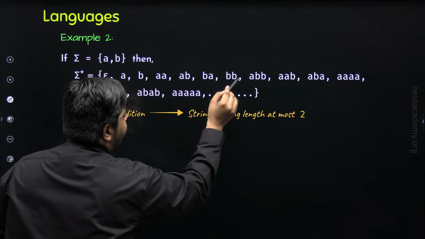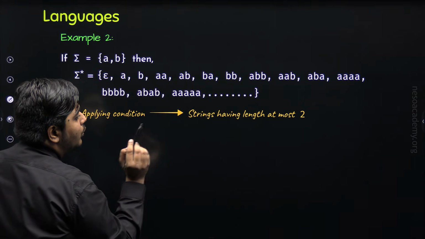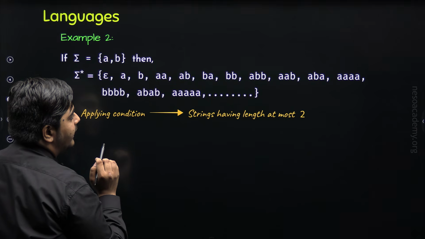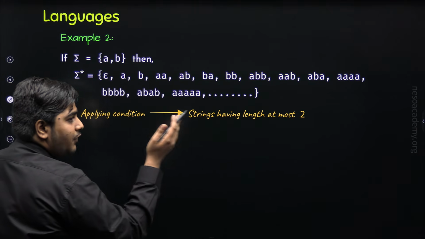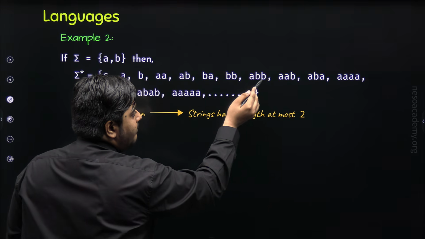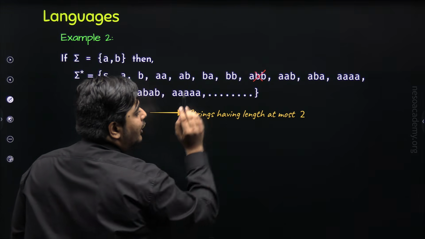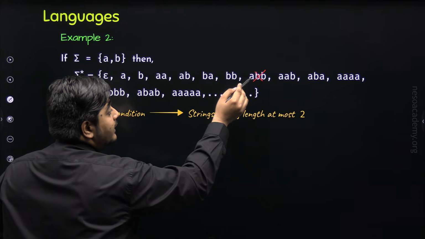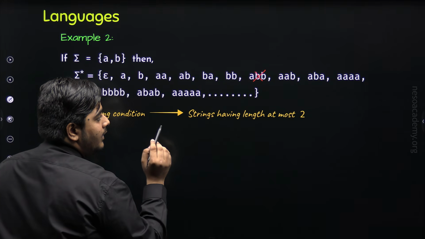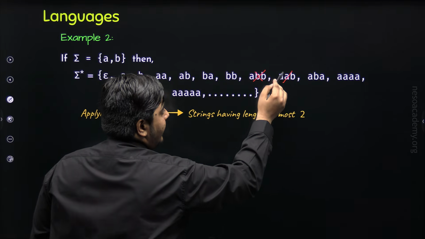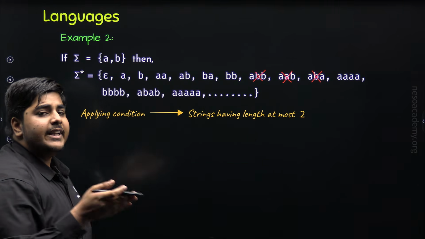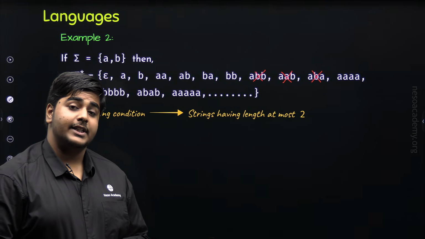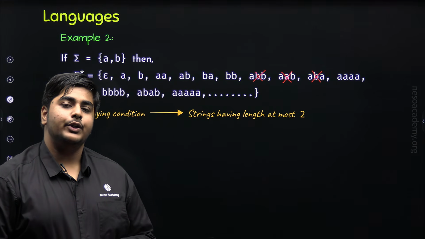Similarly, these 4 strings have length equal to 2, again satisfying the condition, and hence will be part of our language. But the further strings like ABB will not be part of our language because the length of the string is 3. And similarly, the strings AAB, ABA, and so on will not be part of our language because their length is greater than 2.